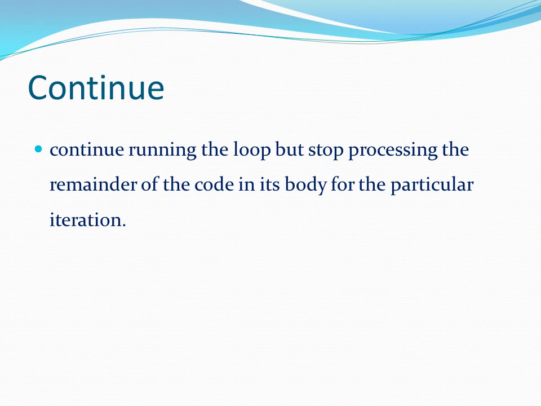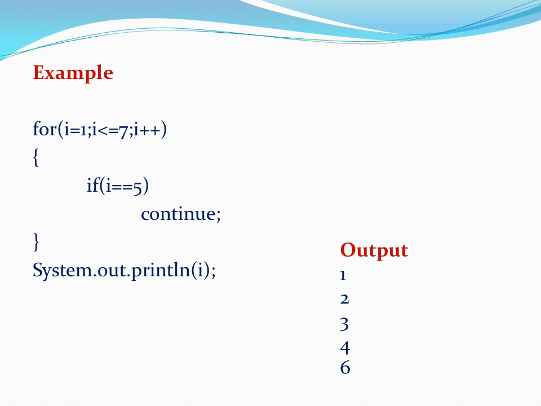Next one is continue. If we give continue inside any loop, it just stops the current processing and executes the remaining code. For example, here the i value is 1, and we check the condition i less than or equal to 7 and i plus plus, so a for loop.